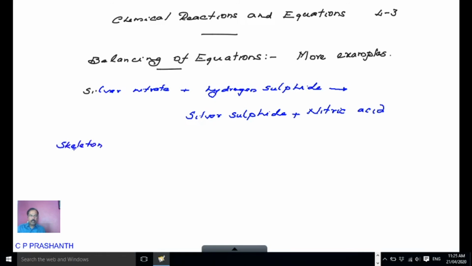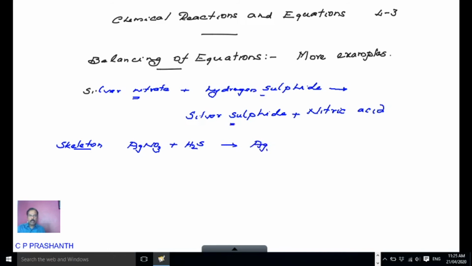Now we will write the skeleton equation. As you know, silver nitrate is AgNO3. Hydrogen sulfide is H2S.